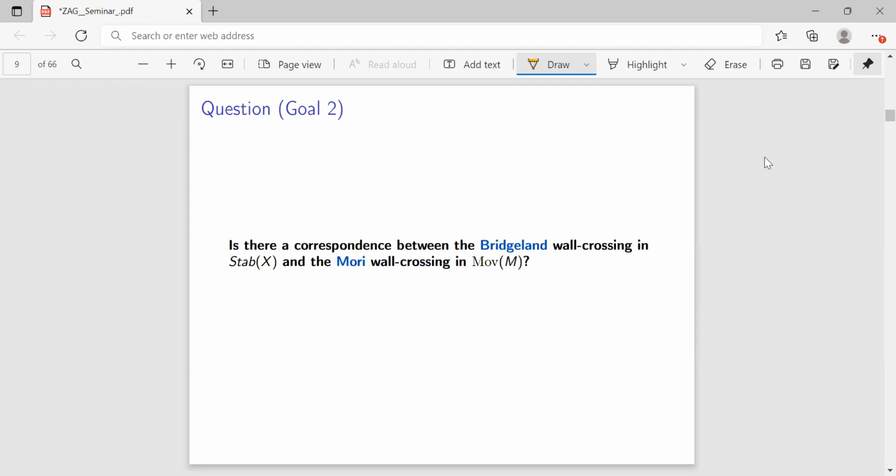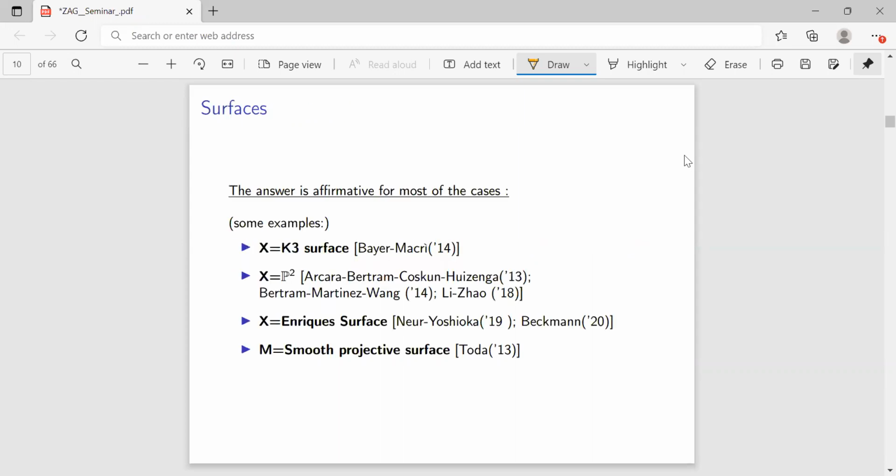Okay, first, let's look at some previous works. For the case of surfaces, the answer to this question is positive. For the case of K3 surfaces, the result is due to Bayer and Macrì. I will give more details on this shortly.